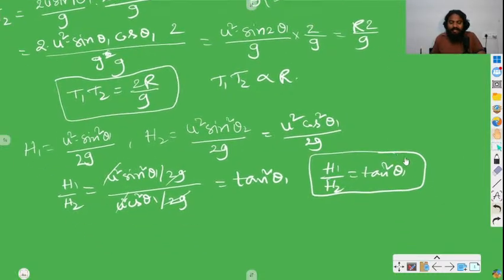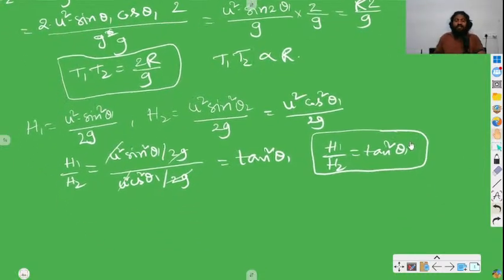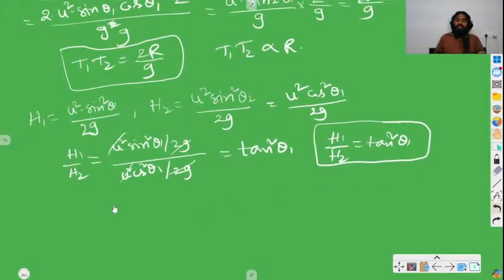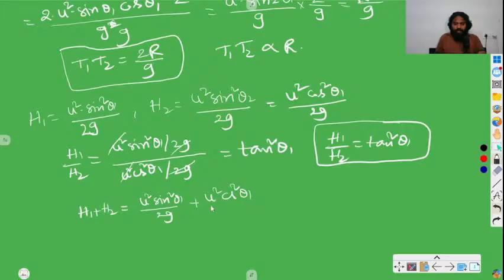And next, like that if you take, you'll have many equations. Now one more, a very famous one, is h1 plus h2. h1 is u square sine square theta 1 by 2g plus, for h2, u square cos square theta 1 by 2g, because theta 2 is equal to 90 minus theta 1.